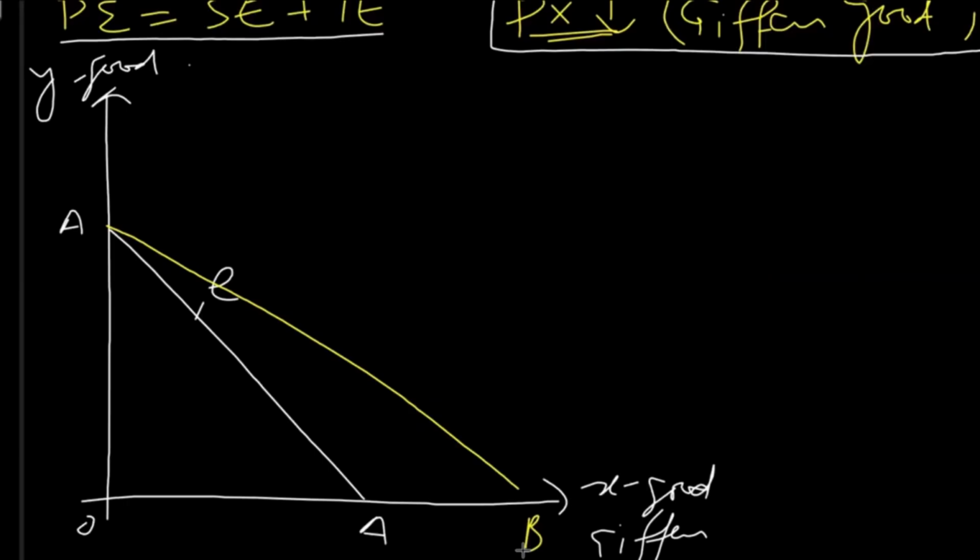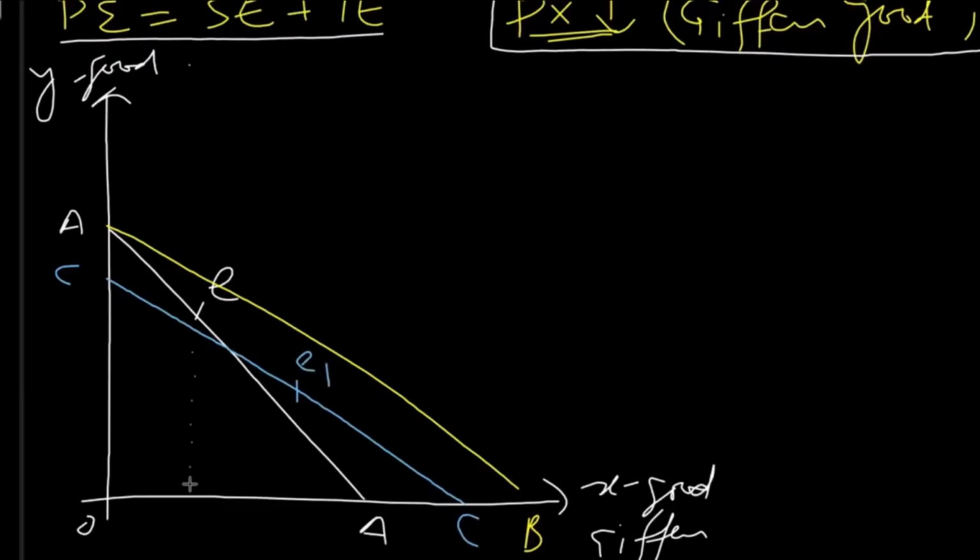And to show substitution effect and to show the constant purchasing power of consumer's income, we will have to draw a line like this. This line will be parallel to line AB, and suppose this is again line CC, and substitution effect will take place somewhere at point E1. So we can find out combinations.